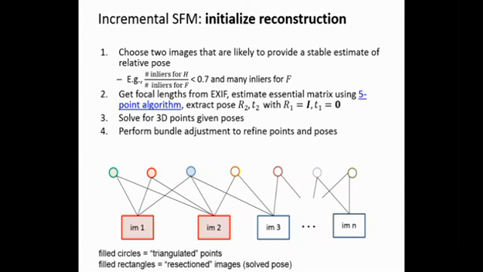So now we've got the pose of image 1 relative to 2. I've put them in red because those are the images that are in play right now. And then we want to solve for some of the 3D points. So now we can solve for any point that's observed by both 1 and 2, we can estimate its 3D position.